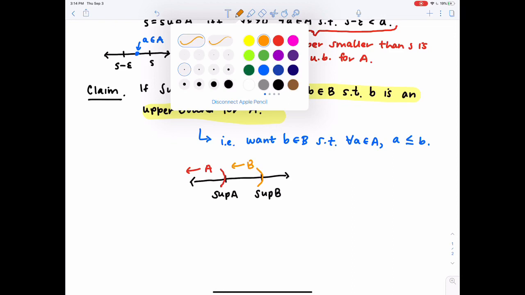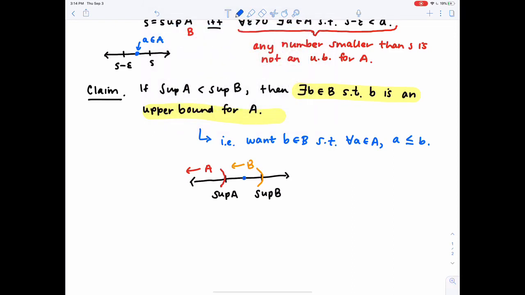Intuitively, there's got to be some little b in B in there, because otherwise, wouldn't the right wall of both sets just be the same, meaning the sups would be equal? In order to say that the right wall of B is a little bit further past the right wall of A, there better be a piece of the set B coming up here in this gap.